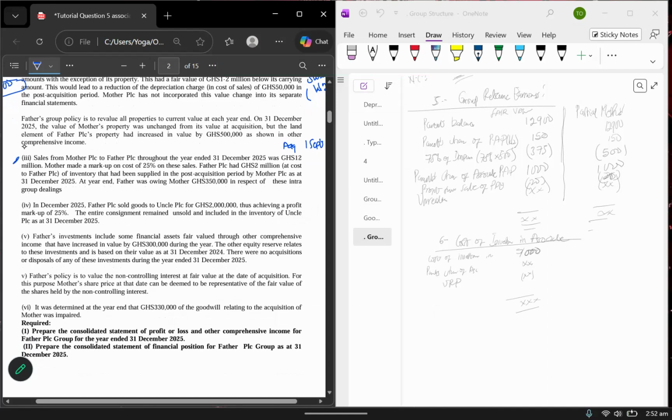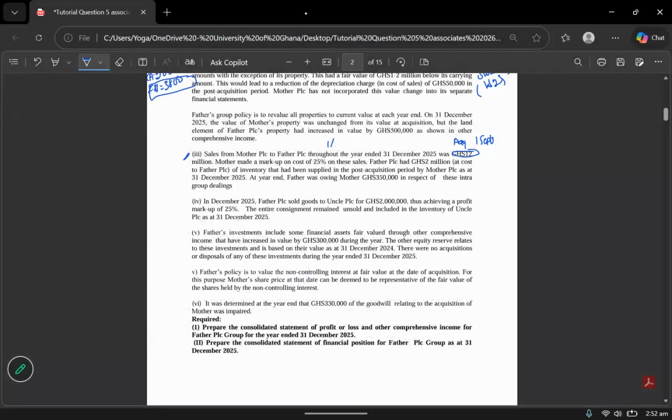Yes. So sales from Mother PLC to Father PLC throughout the year ended 31st December 2025. So we're saying that these sales were 12 million. So this 12 million sales was from 1st January 2025 to 31st December 2025.